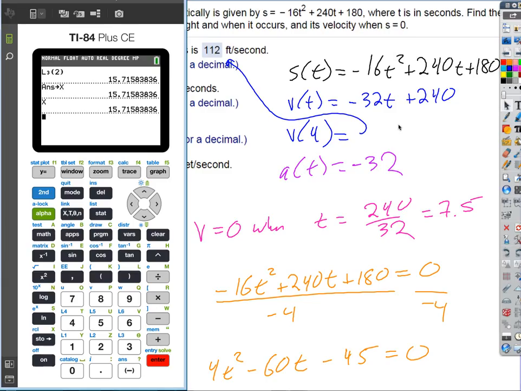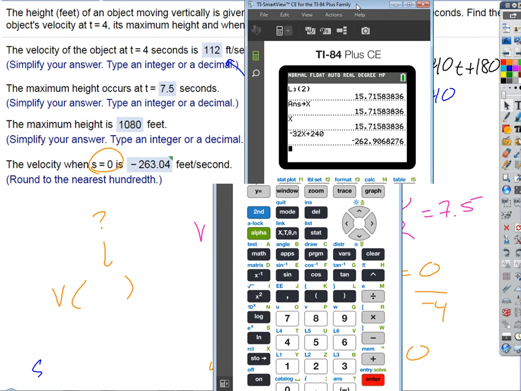But what if I had a more complicated function and I wanted to try repeated values of X, which is another really valuable thing to be able to do. I could just say negative 32X plus 240, hit enter, and look what it does. It gives me back the answer, which you will now notice is the answer.